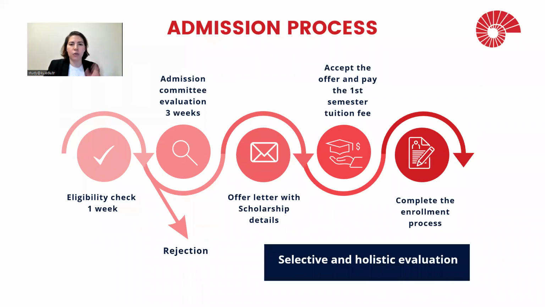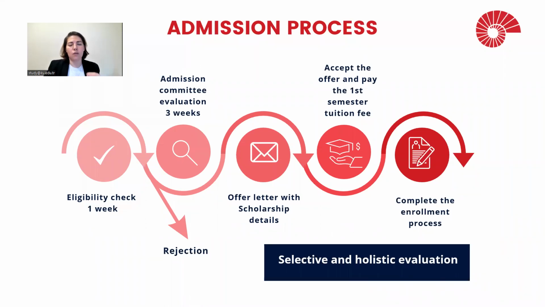So what happens after you submit your application? You've watched this webinar, you prepared all of your documents, you got external help from friends, your high school counselor, your parents, and you're sure and you submit. After that, our registrar's office makes a first eligibility check to make sure that you comply with the national regulations to apply as an international student.